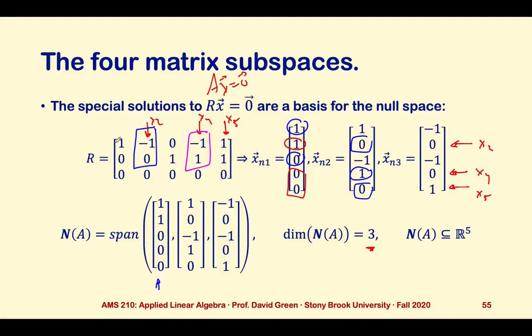For x1, we have a -1, or 1, and for x3, we have -1. So our second basis vector, 1, 0, -1, 1, 0, is placed here.